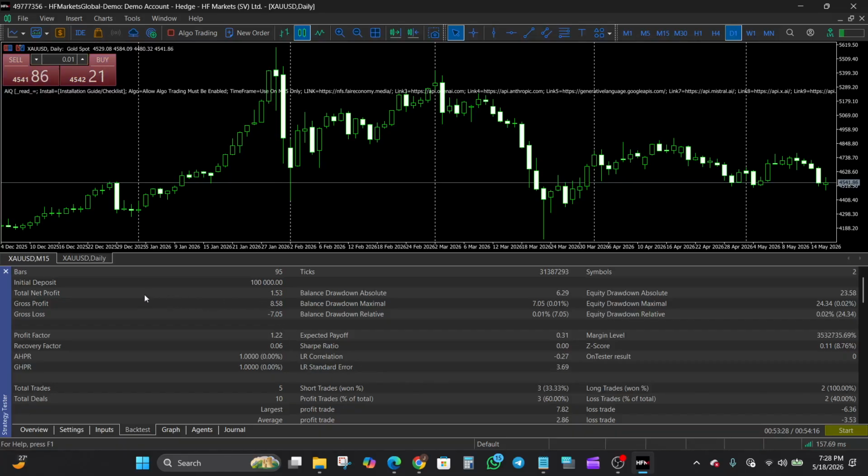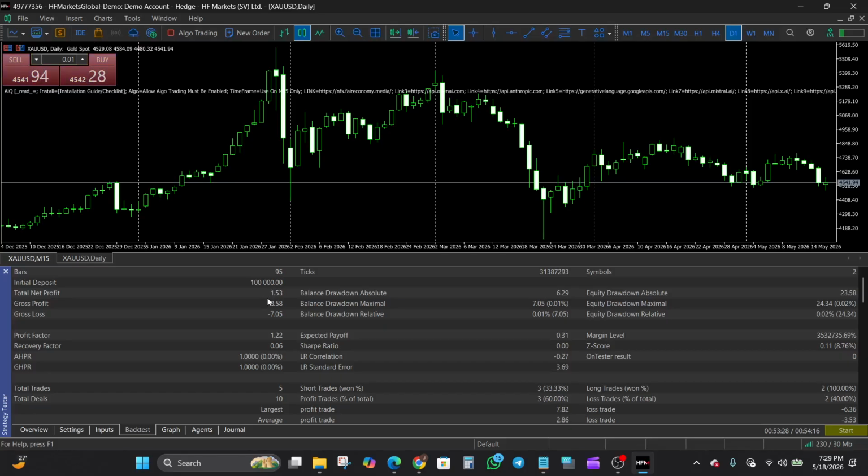We can see that the total net profit was quite insignificant when compared with the balance. Out of $100,000, total net profit was just $1.53. So it's not even up to a percent.